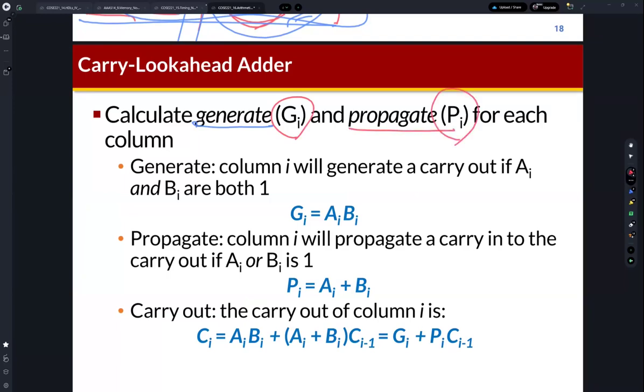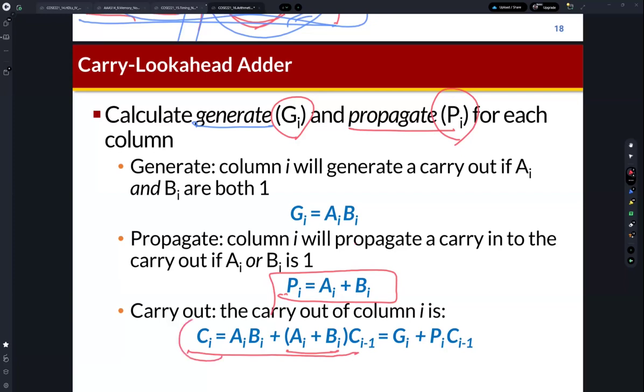As I mentioned, generate means that the carry out is generated regardless of carry in, based on A and B. So we define Gi, the generation bit of a certain digit, as A and B. And propagation is A or B. As I mentioned, if A or B is 1, the previous carry is propagated, right?